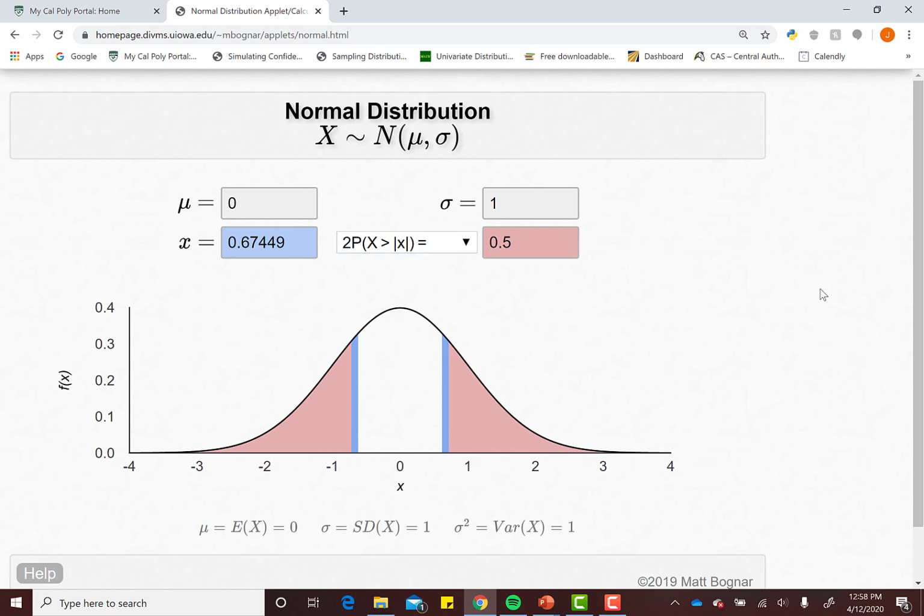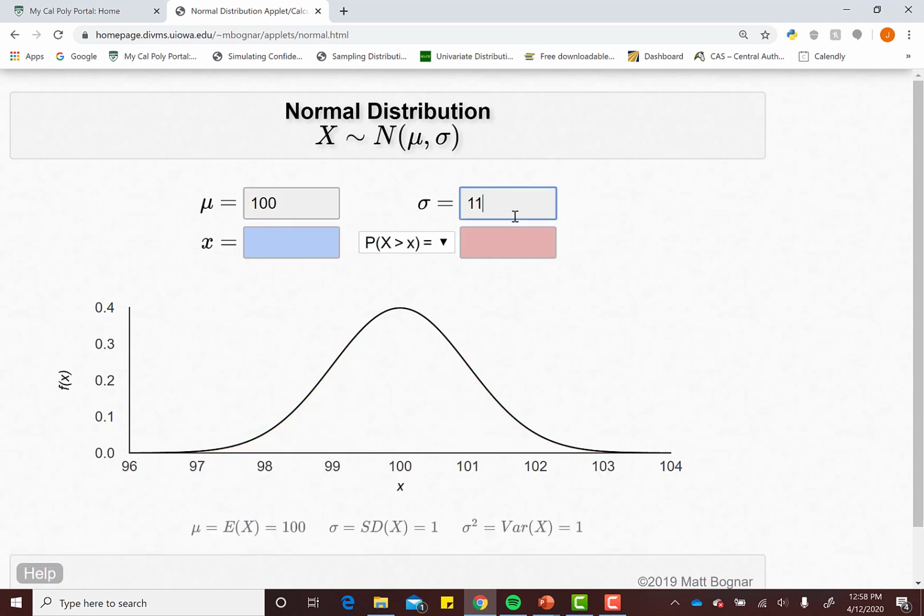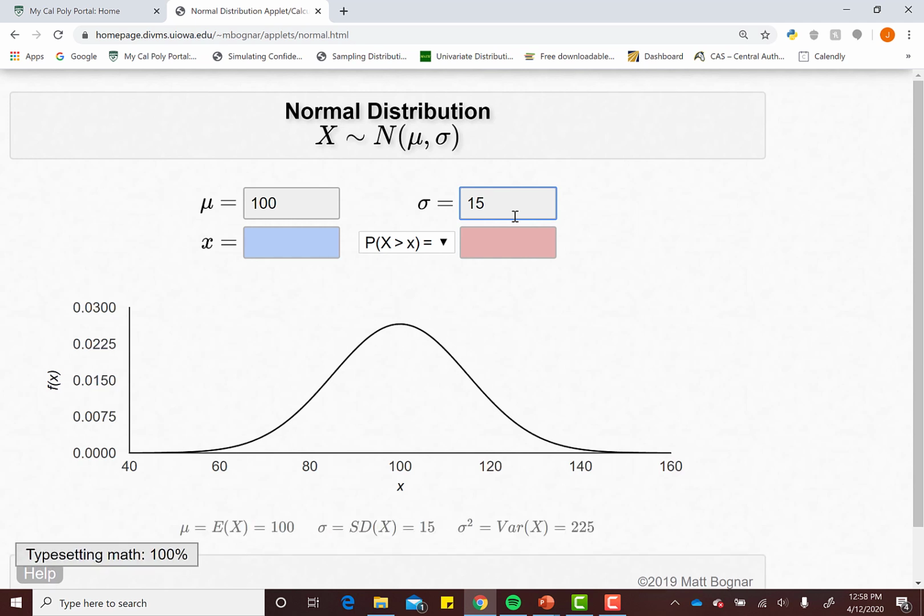To find our actual IQ score values that we were interested in, what we would do is turn our two z-scores, 0.67 and negative 0.67, into x values using the z-score formula. Now, if we wanted to guess and check our answer, unfortunately, whether you're using the web version or the app version, if you change your mean and standard deviation to the values that you actually were interested in, it doesn't give you the between or the outside area options.